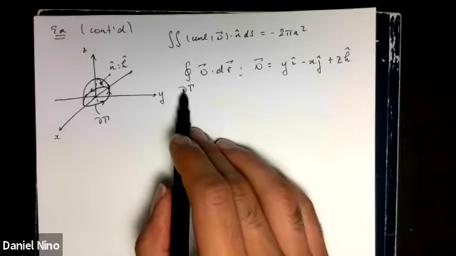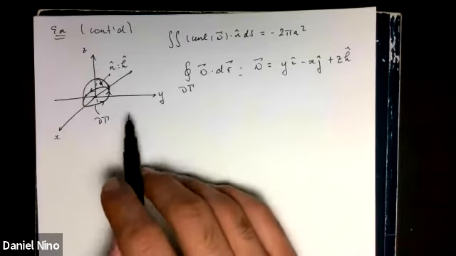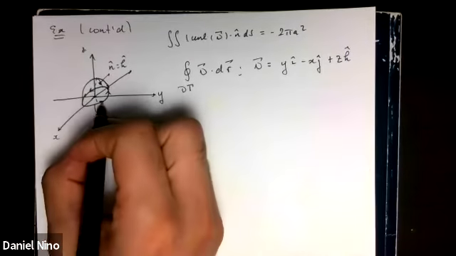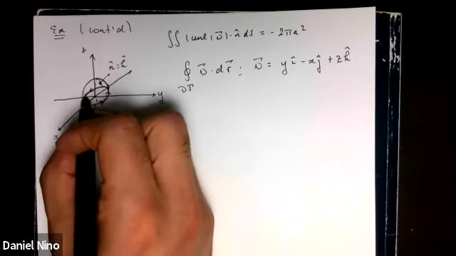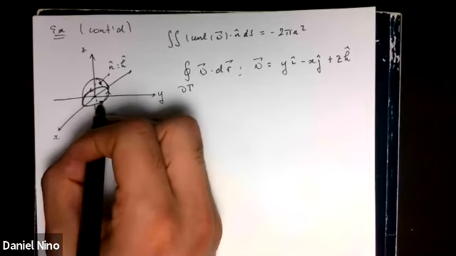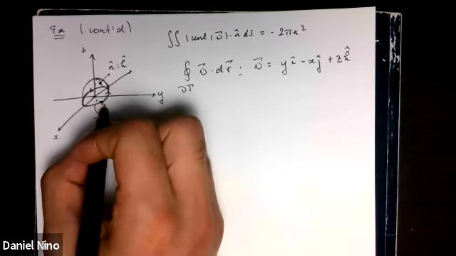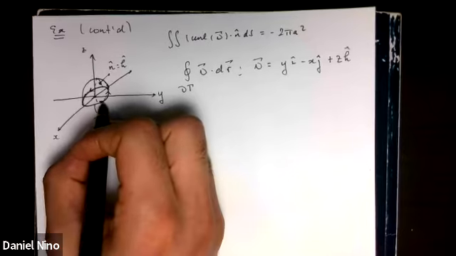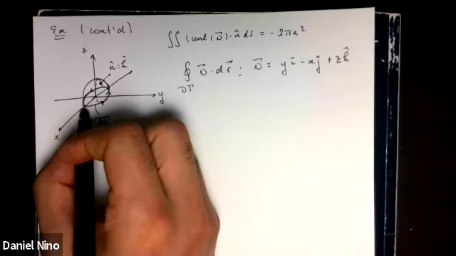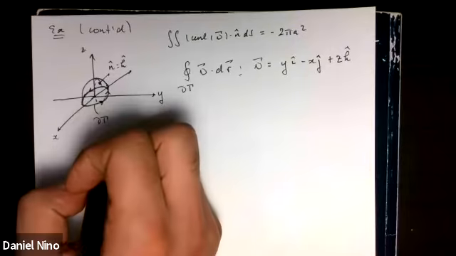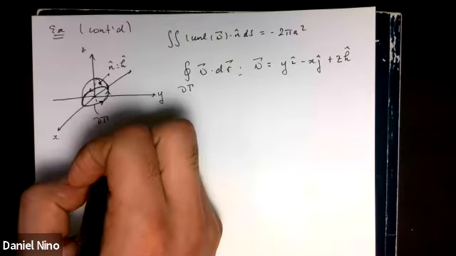So you first have to define the path that encloses the surface of your hemisphere. In this particular case, that path is at the base of the sphere, which is down here. And once again, by the right-hand rule, we're going to go counterclockwise, which will be in the positive direction.